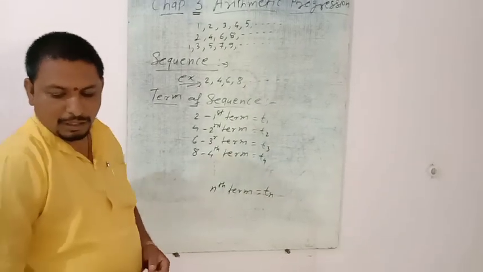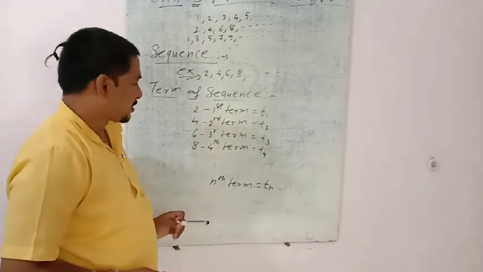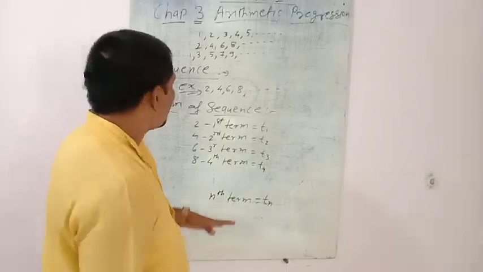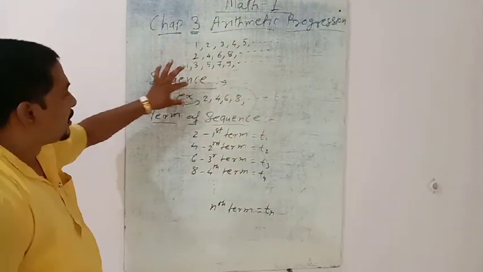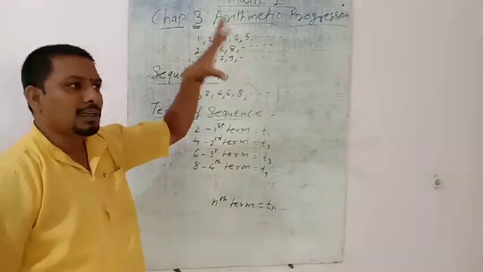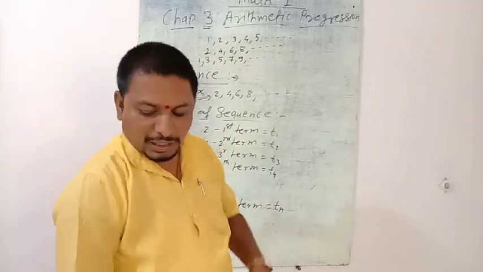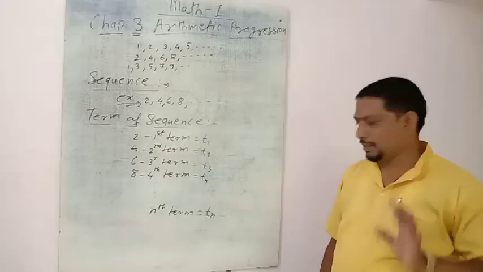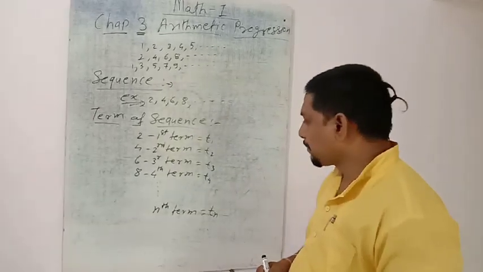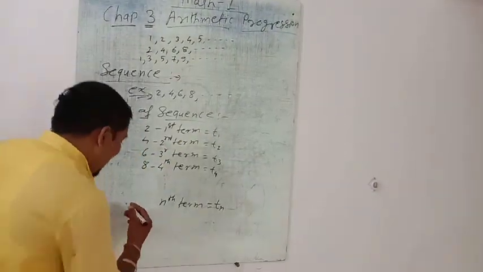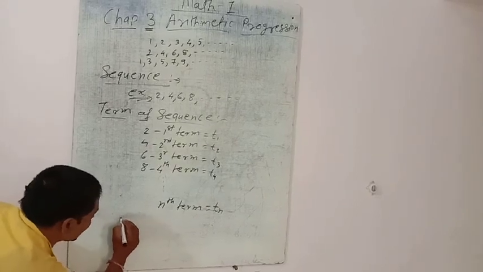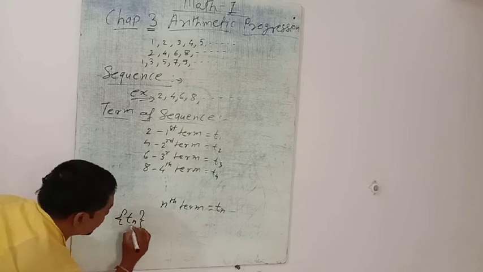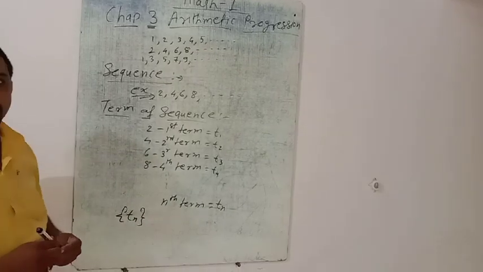This is the term of a sequence. In general, a sequence is written with one letter: a sequence is denoted as Tn in curly brackets.